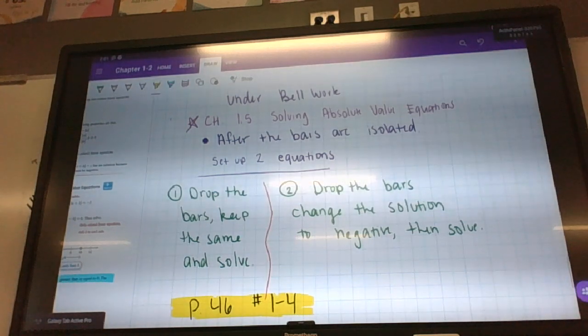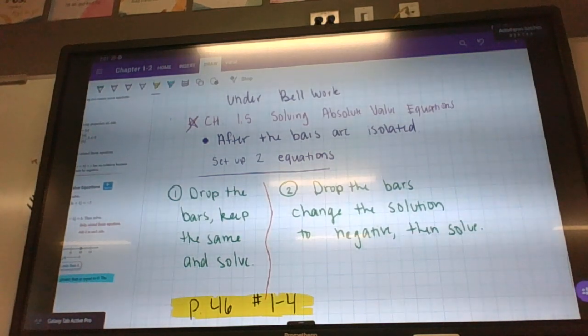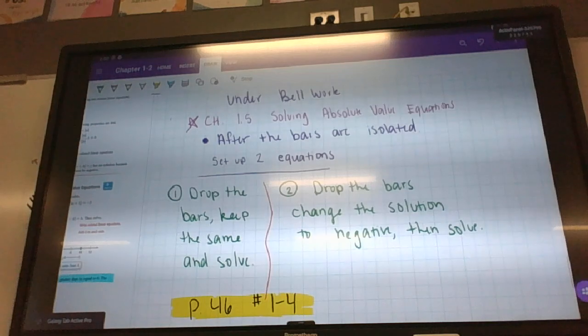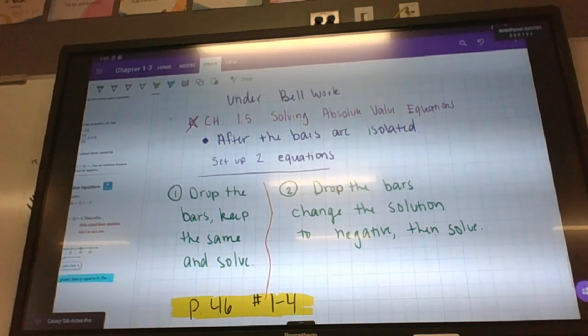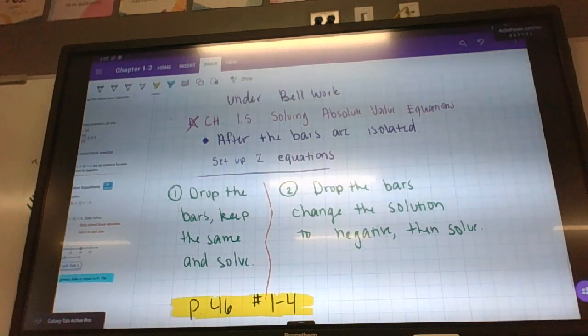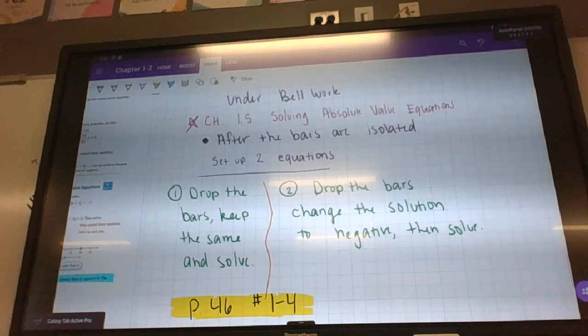So when you're ready, you go to page 46. So when I look here and I see this gray box open, I'll know you are ready. Are you already ready? Yep.